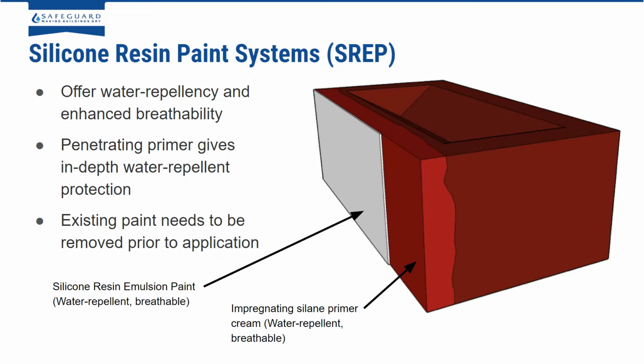They have a different binder system compared to traditional paints, which allows a porous structure to the paint surface, which allows water vapor to pass through, while also resisting the passage of liquid water into the brick wall. It's been found that applying a water repellent cream such as Storm Dry as a primer will also give better durability of the paint.